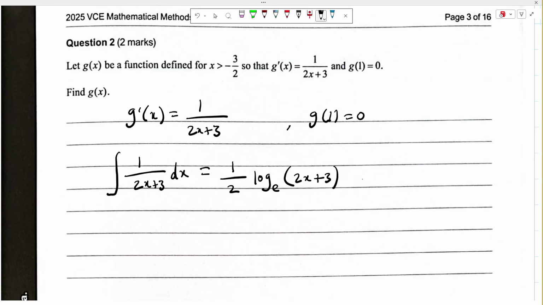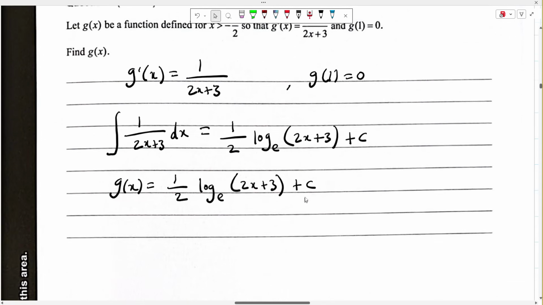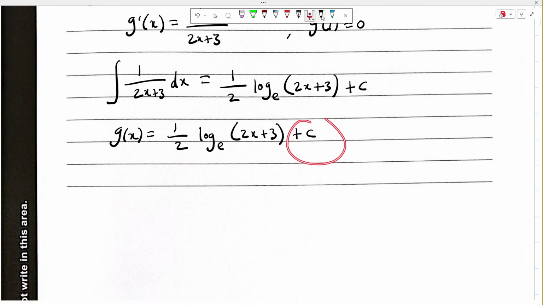And it's a general antiderivative, so don't forget the plus c here. So we know our function g of x is going to be equal to this. But we still need to find the c value.